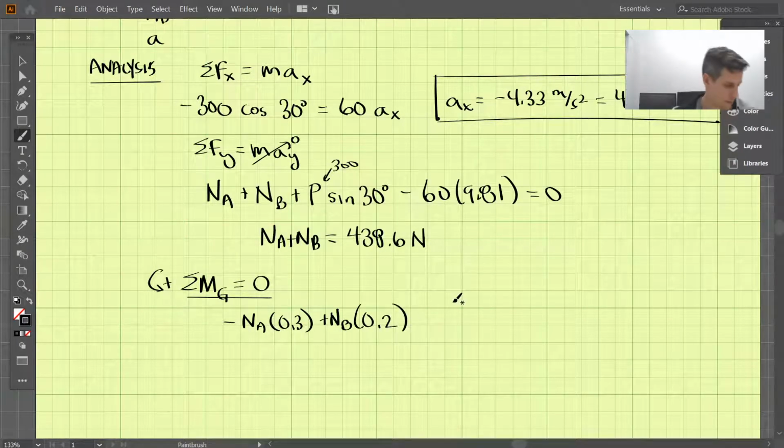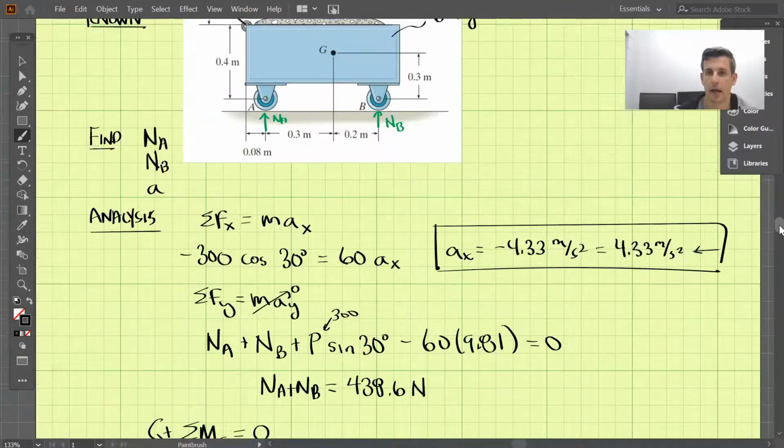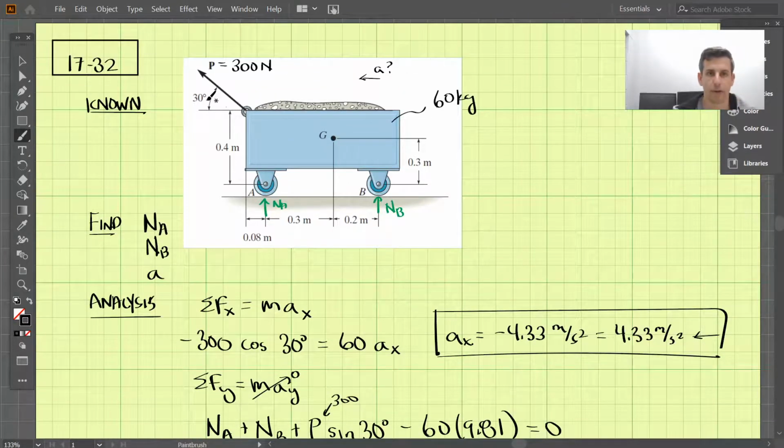So we have plus NB times 0.2. For P here, we're going to have a horizontal component and a vertical component. The horizontal component is going to create a counterclockwise moment around G, so that will be positive. The vertical component will create a clockwise moment, which will be negative.